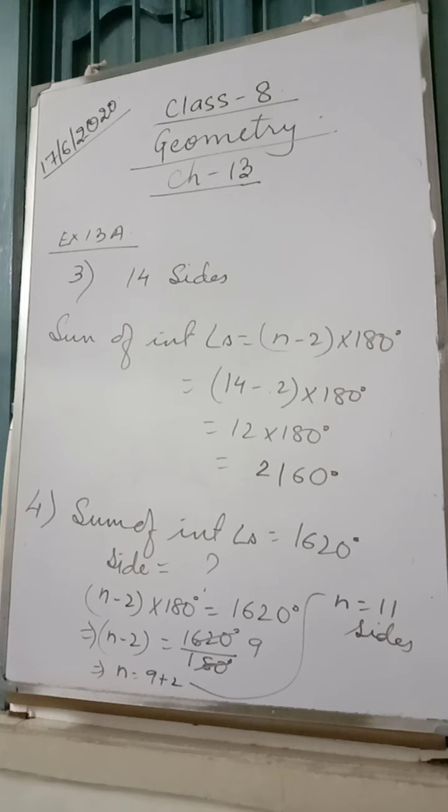Here we have all the questions, and most of the questions are based on interior angles and exterior angles. Now how to find each interior angle and each exterior angle?